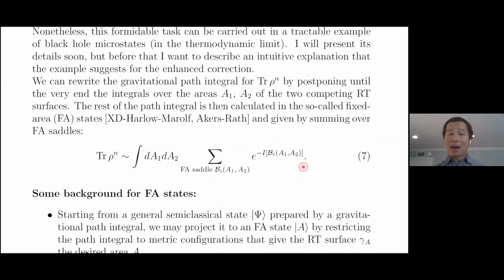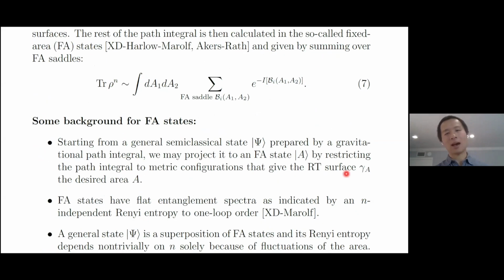I want to give some background on fixed area states in case people are not familiar. If you need more information, just ask me. The way I think about the fixed area state is that we can start in, for example, AdS/CFT, with a general semi-classical state prepared by a gravitational path integral. We can call that state psi.